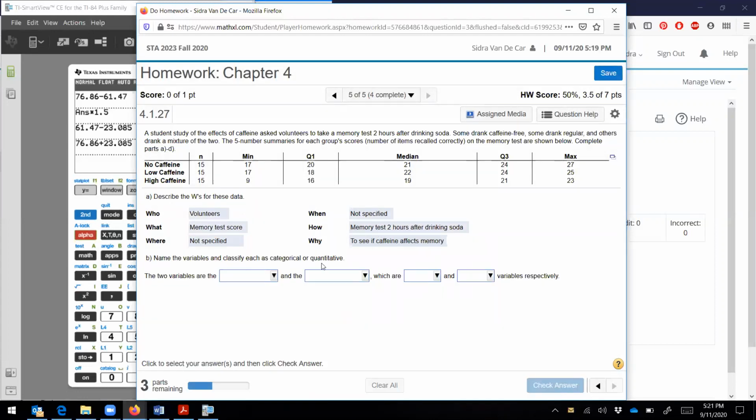Name the variables and classify each as categorical or quantitative. So the 2 variables are, if we look at this, our caffeine level is a variable, and then the test score.